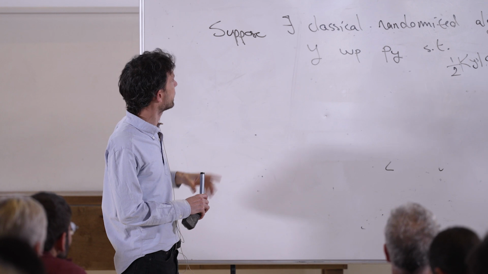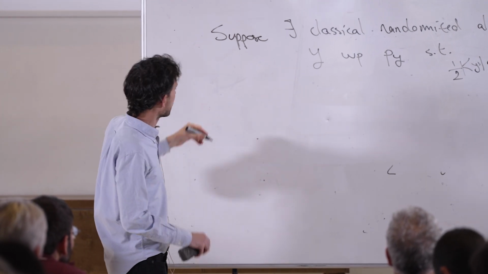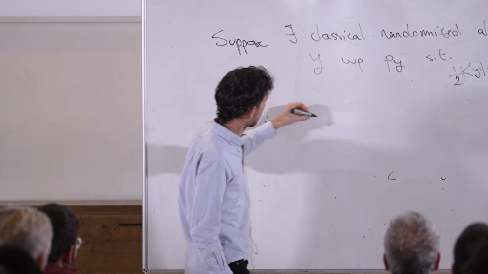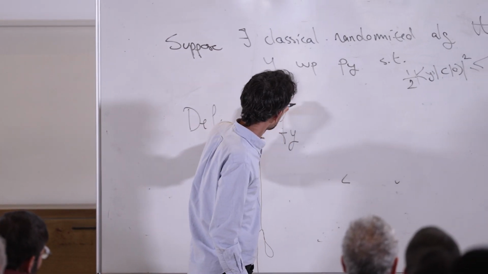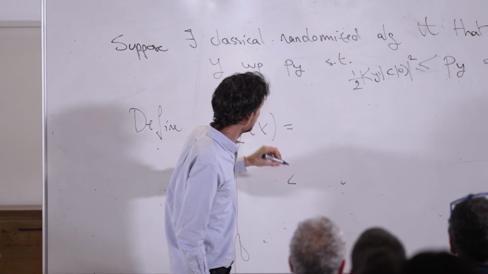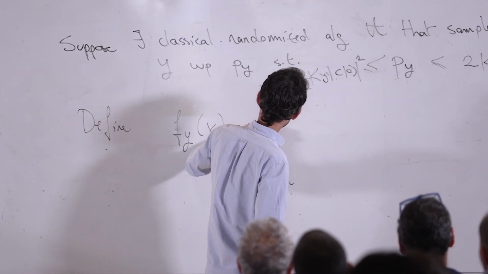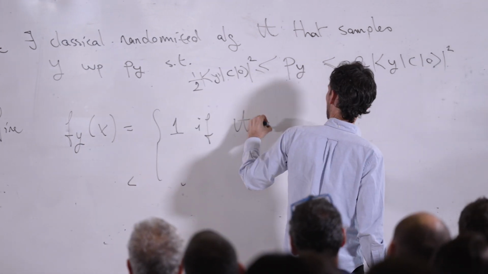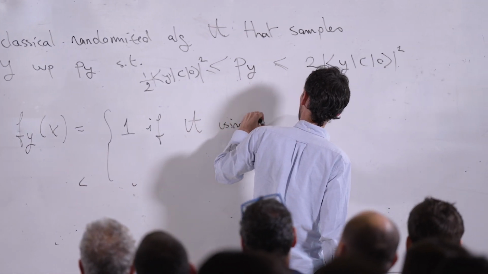Okay, so why is this very unlikely? Suppose that this was the case. Then I can define a function. Let's define a function f_y of x, and this would be 1 if A using randomness x.